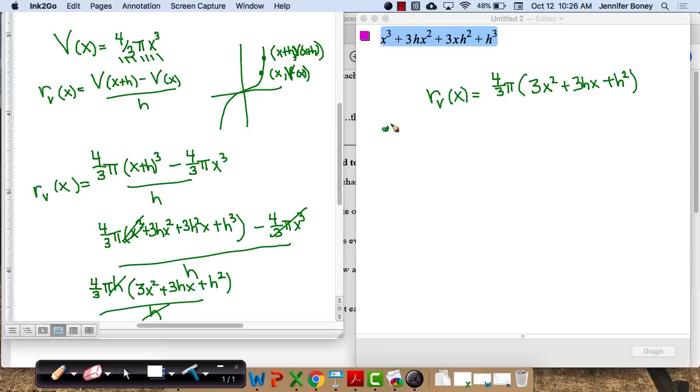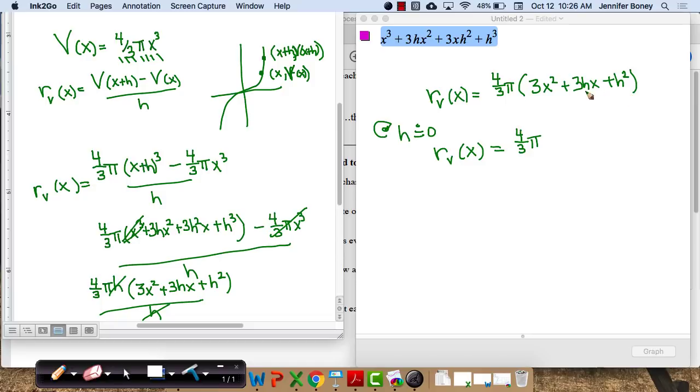So at h essentially 0, this r sub v of x, an exact version of this, becomes 4/3 pi times, well, let's see what's left. If h is essentially 0, h squared is even smaller. So that's definitely going away. So this is like a plus 0 at the end.